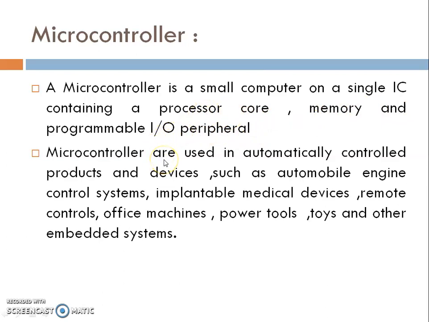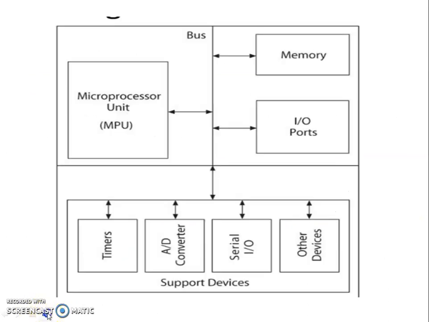Microcontrollers are used in automatically controlled products and devices such as automobile engine control systems, implantable medical devices, remote controls, office machines, power tools, toys, and other embedded systems. In the block diagram of a microcontroller, this is the MPU, microprocessor unit, then internal memory, I/O ports, and as support devices, timer, A to D converter, serial input output, and other devices.